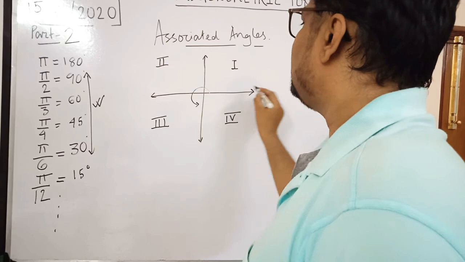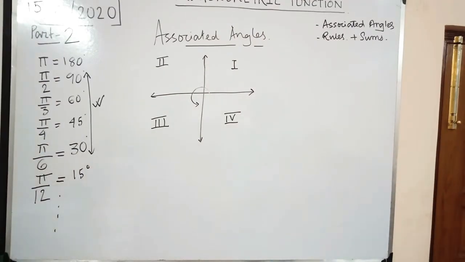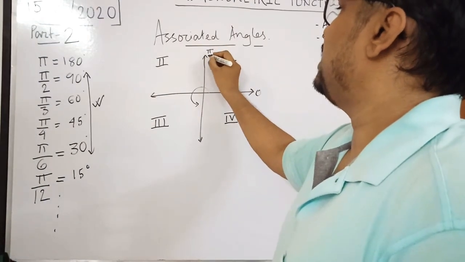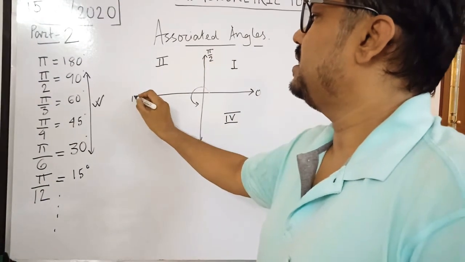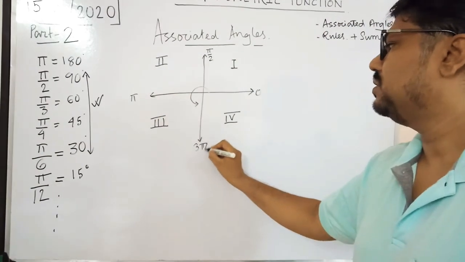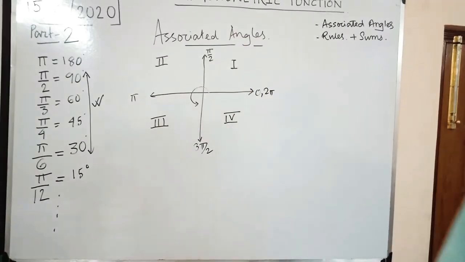The angle moves like this. In the previous part I showed you 0 to 90 degree, then pi by 2. I have written everything in terms of pi. If you have not seen it, go to part 1 and see all these things. Then 3 pi by 2, then this becomes 2 pi, and so on.